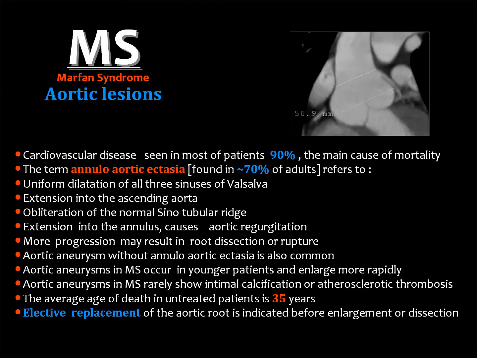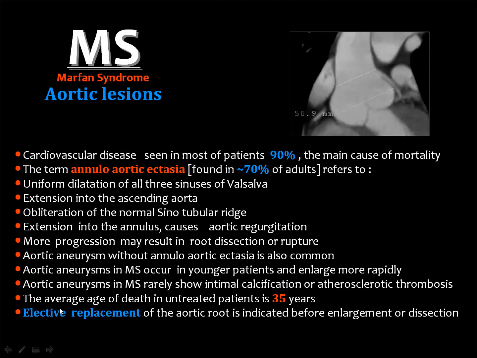Aortic aneurysms in Marfan occur in younger patients and enlarge more rapidly than aortic aneurysms related to arteriosclerosis. Also, calcifications are not common in aneurysms occurring in Marfan syndrome compared to arteriosclerotic lesions.